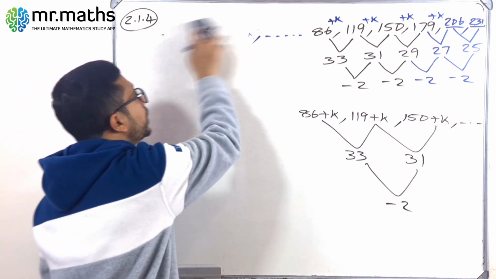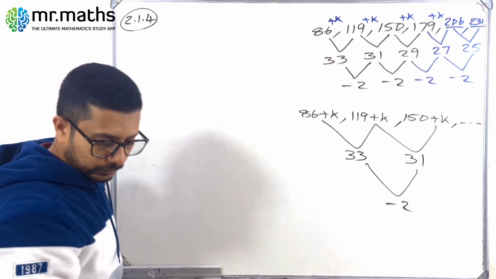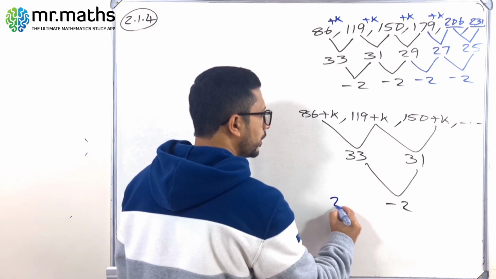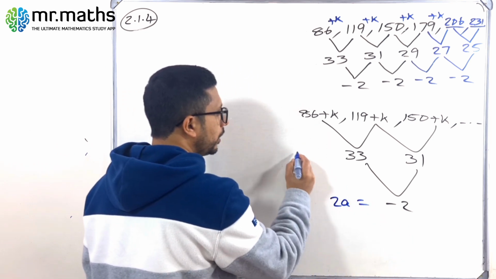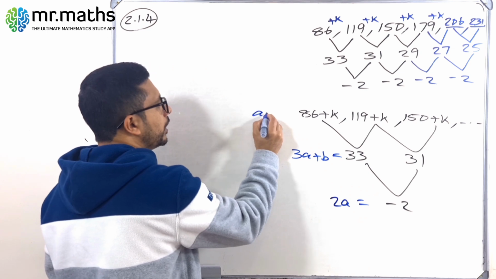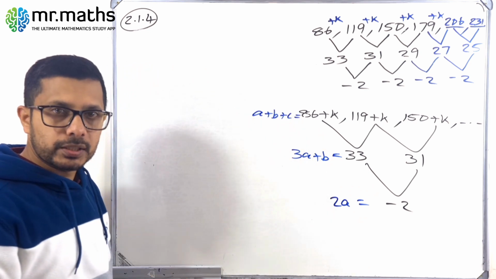Okay, so let's see. Like always, we call this 2a, this 3a plus b, and this one a plus b plus c, which is 86 plus k.